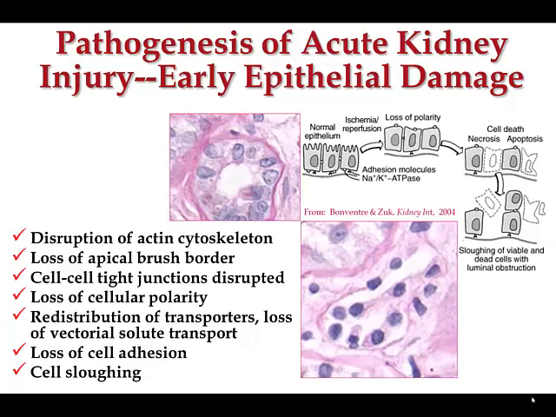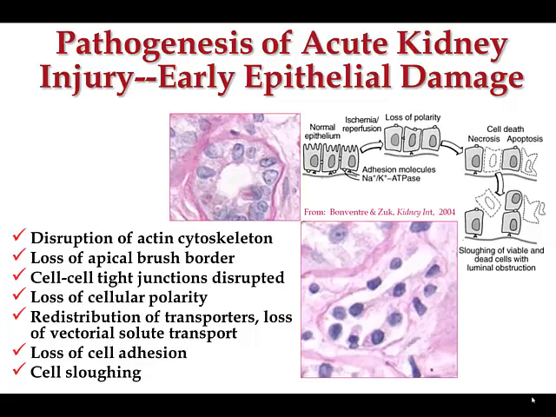There's loss of the brush border and disorientation of the cell, loss of polarity, redistribution of transporters, and once you start losing the intracellular architecture and scaffolding, a transporter doesn't know whether it needs to go to the luminal side of the cell or the basolateral side of the cell, and it gets very confused, and then transport processes start going in misdirections, and the cell and the function of the epithelium that cell is associated with becomes very disrupted.